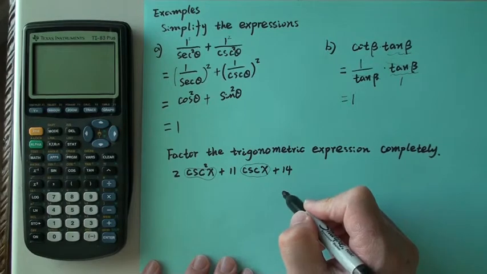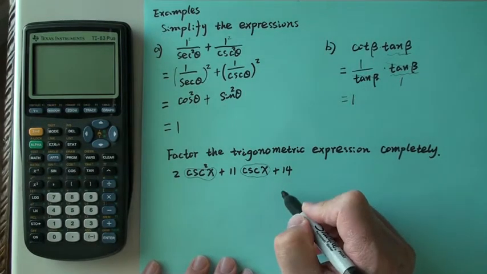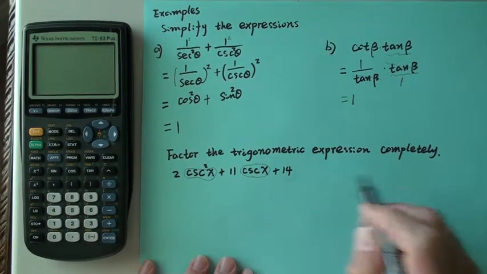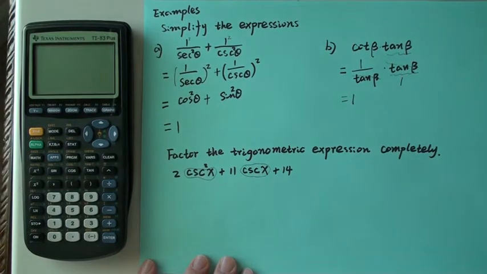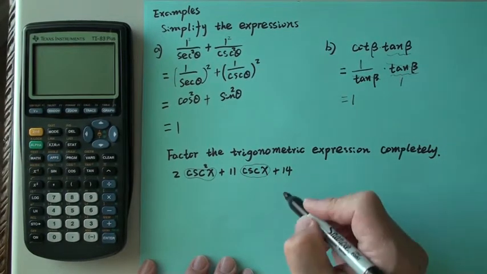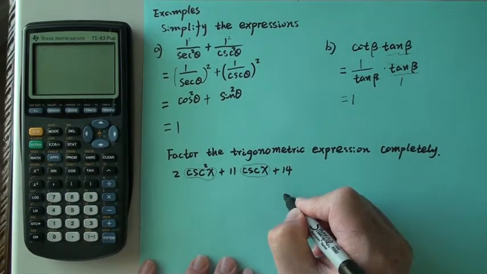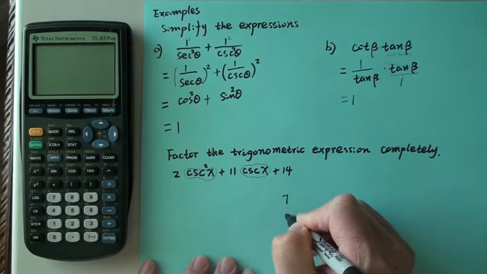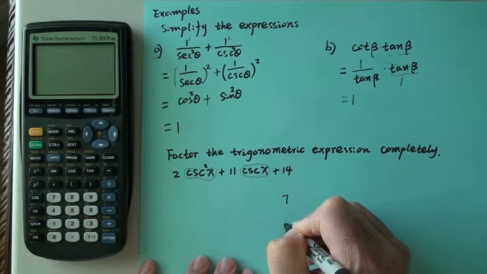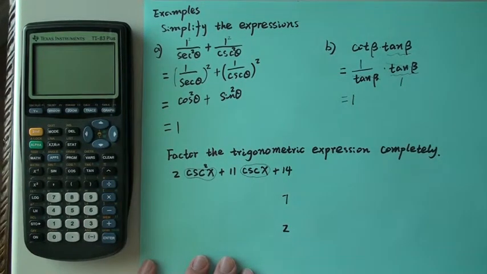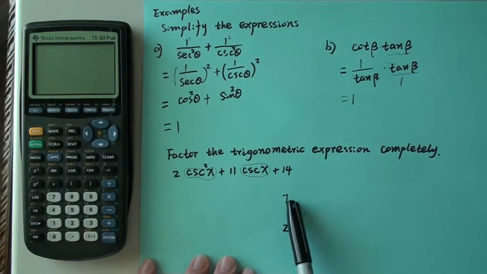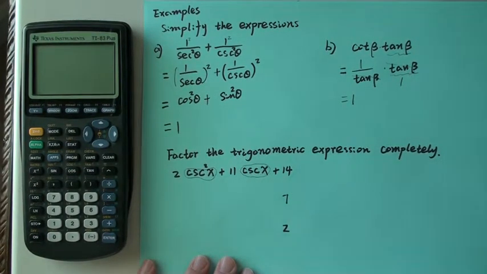Here what we want to do is break up 14 into two different numbers. One is 7, another is 2. Okay? So because 2 times 7 is 14.